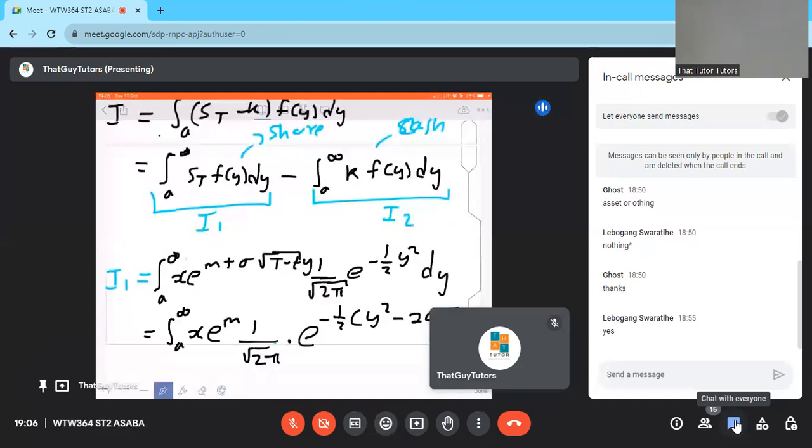So you are going to have x e^m integral from a to infinity, right? Plus 1 over 2 pi.